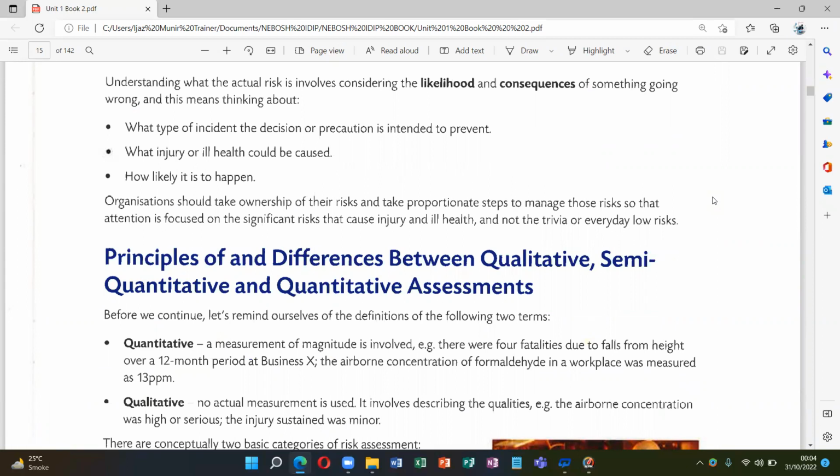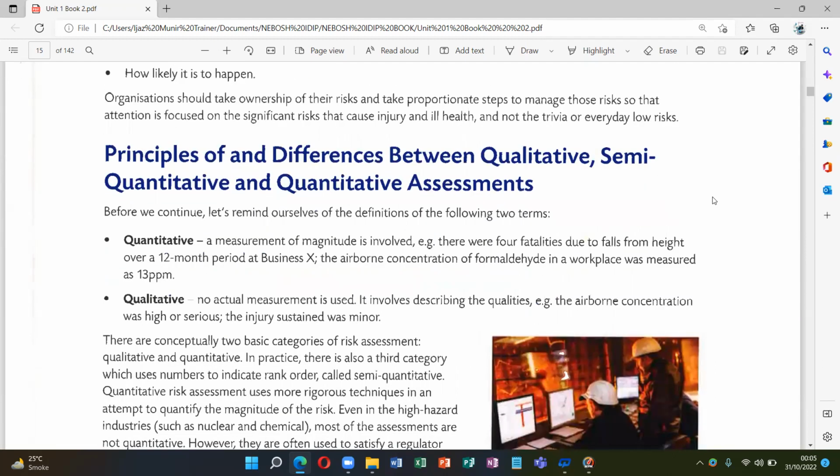Organizations should take ownership of their risk and take proportionate steps to manage those risks so that attention is focused on the significant risks that cause injury and ill health and not the trivial or everyday low risk.